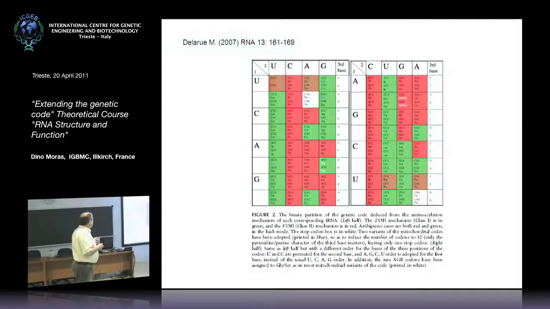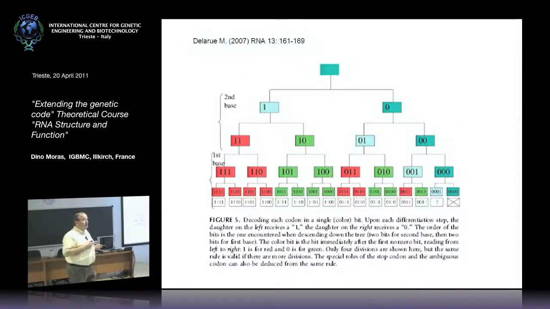So here Marc Delarue, who was a key player in the finding of the sequence-based separation of classes and finding of patterns, came out a few years ago with a hypothesis which was published in RNA, where here you have the principle of that. You take the first base, here it can be any.